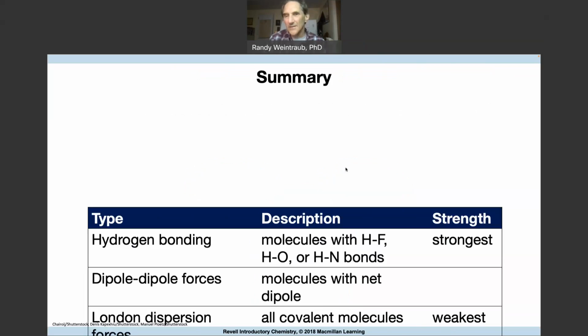So let's summarize these three intermolecular forces: London dispersion forces, dipole-dipole forces, and hydrogen bonding. Of these, dispersion forces are the weakest, resulting in compounds having low melting points and low boiling points.